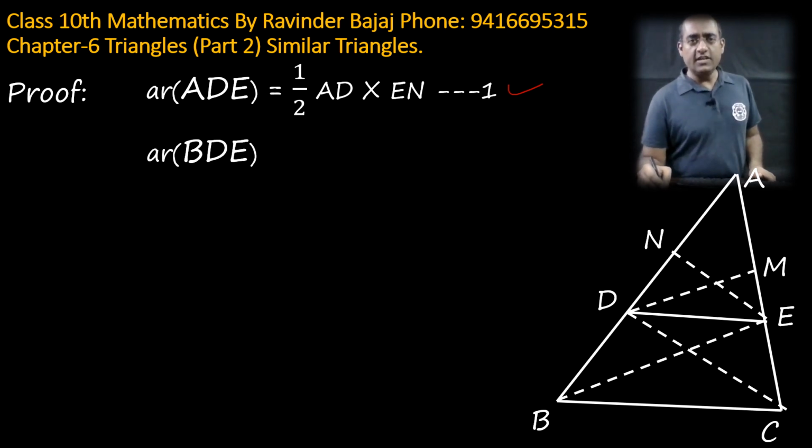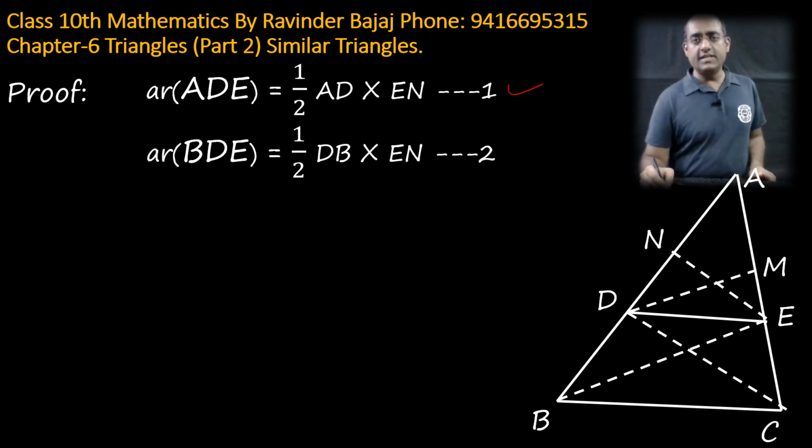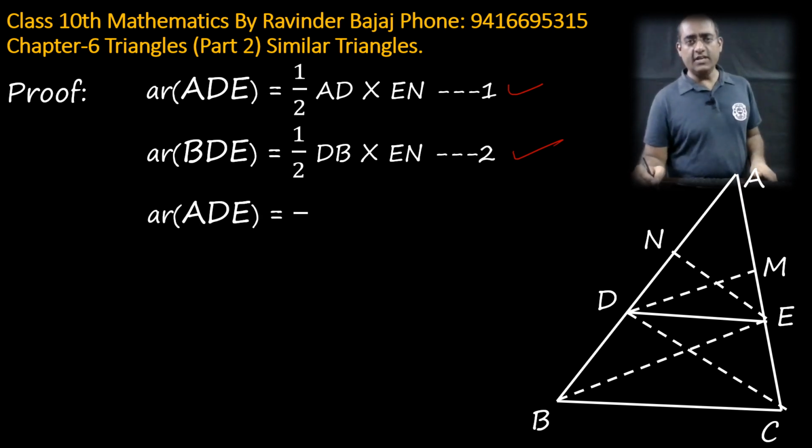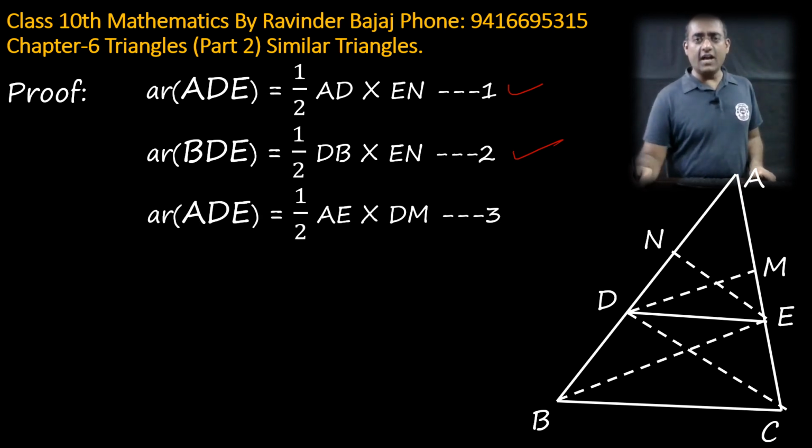Now take care, area of triangle BDE. Here base is DB and height is EN. This is equation number 2. In the same way, area of triangle ADE. Again I am calculating area of triangle ADE, but this time I am taking the other perpendicular. This perpendicular is DM on AE, and this is equation number 3.